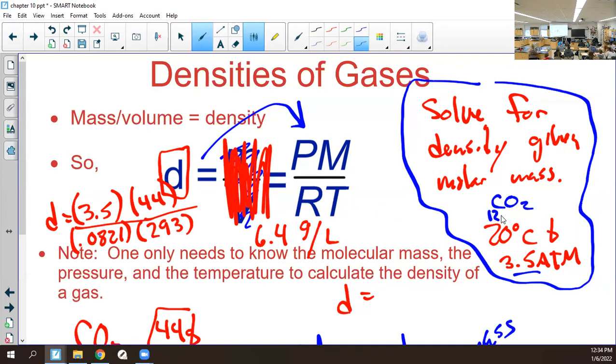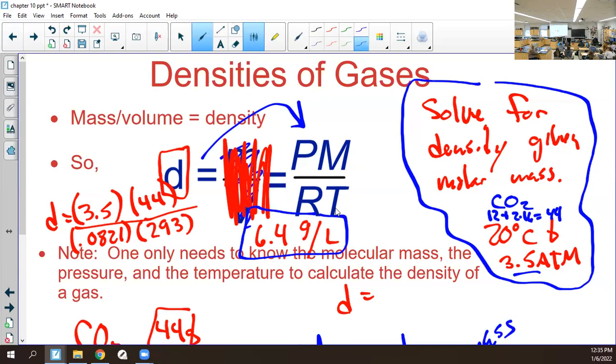CO2 is 12 plus 2 times 16 equals 44. That would go here, and then R is a constant, and then T would be given to you. So with these conditions, the density of my carbon dioxide would be 6.4 grams per liter. It's a pretty slick equation, but we don't use it very often.